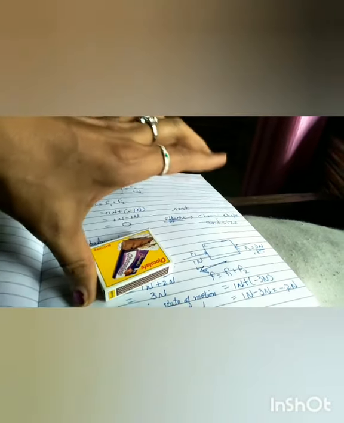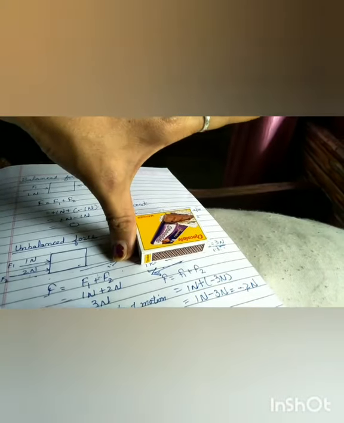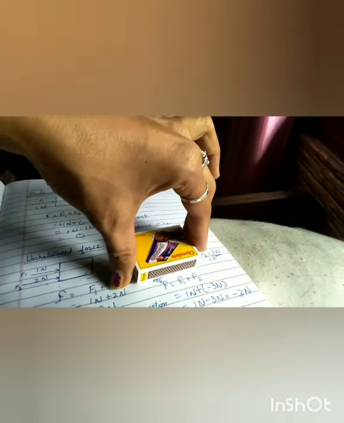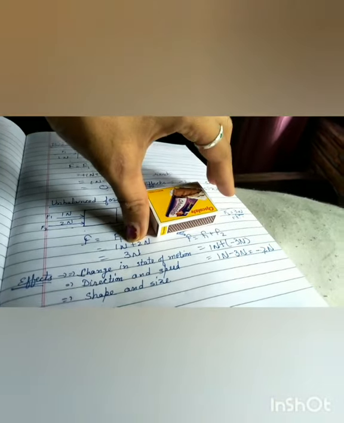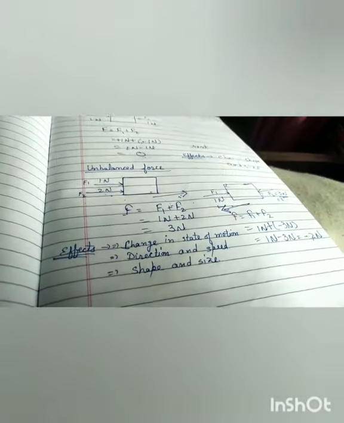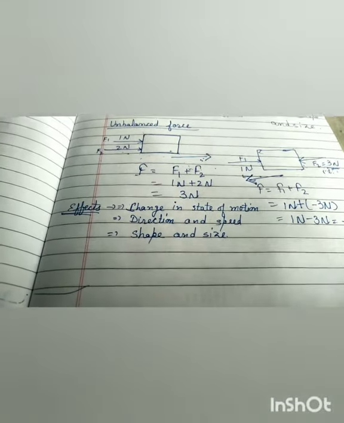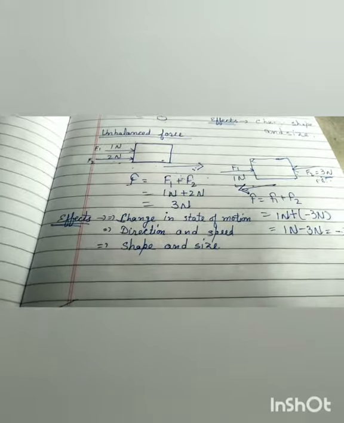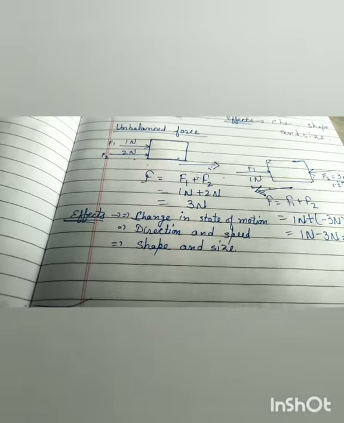So it can change the direction of motion. It can also change the speed of an object. And the third is shape and size. If you apply unbalanced force on an object, it may change the shape and size of the object. So these are the various effects produced by the unbalanced force.